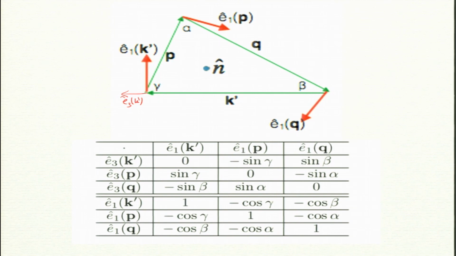By the way, E3 dot E1 k prime is 0, they are mutually orthogonal, but I need dot products of E3 k prime with E1 P. So, this one and E1 P, this one. Now, this table you can just construct. This is a bit of work, but I have done this. You can use these numbers.